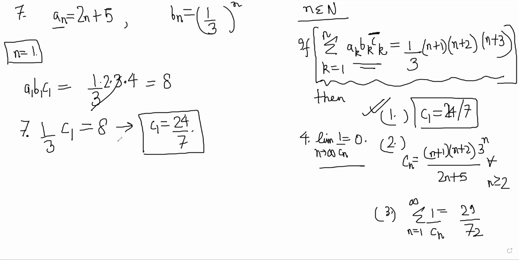So C1 we have gotten is 24 by 7. Now also we have to still find Cn somehow, right? Cn we have to find. So first of all, I will check for 1, is the formula giving me 24 by 7 here?